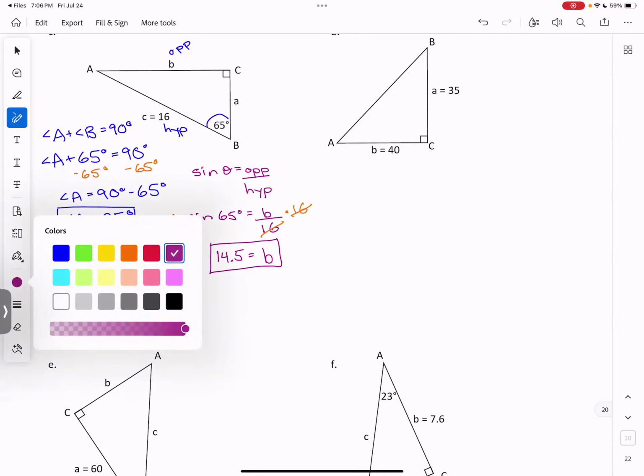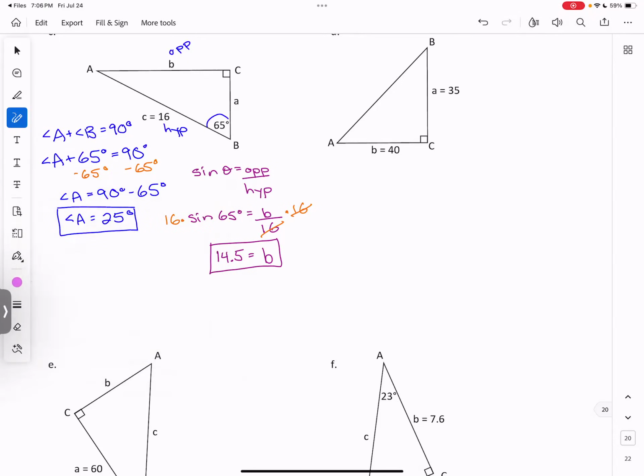And the last one we need to do is little a. Relative to angle B, I'm going to use angle B again. I know my hypotenuse, and now I'm looking for my adjacent side, so I'm going to use the cosine ratio. We know cosine of any angle theta is adjacent over hypotenuse. By the way, there are other ways I could have done this. I could have used the tan ratio and used that 14.5 for b that I just solved for. But again, I tend to try to avoid the ones that I solved just in case I made a mistake.